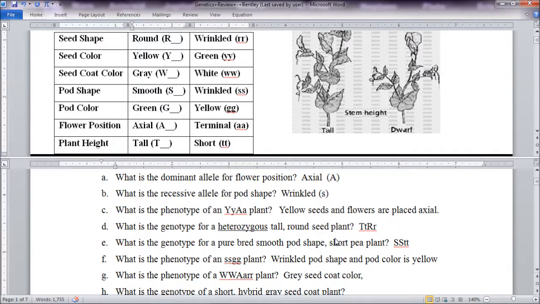It has capital A. Capital A beats little a because it is dominant. So even though you have axial and terminal genes, only the axial genes are shown or called expressed. So flower position is axial.